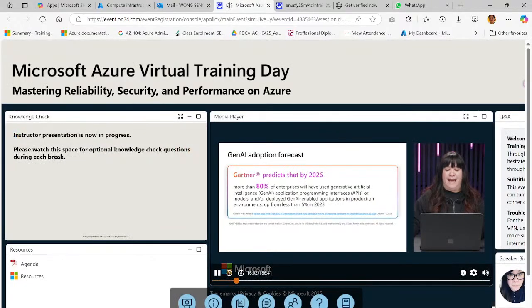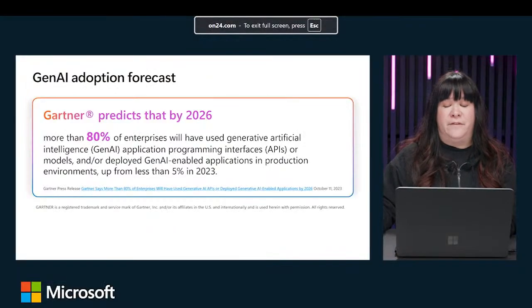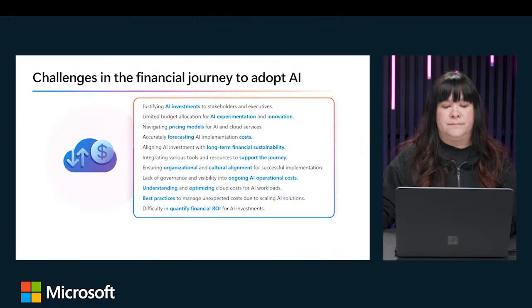And with this, we're looking at Gen AI-enabled applications in production environments, up from less than 5% in 2023.